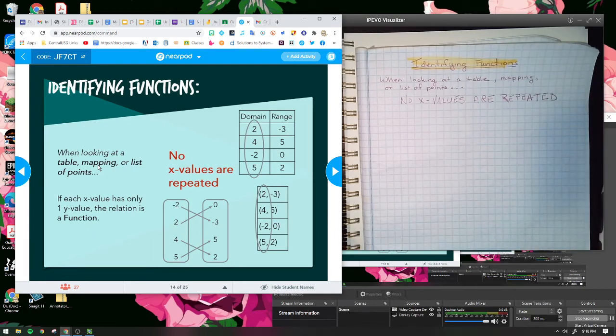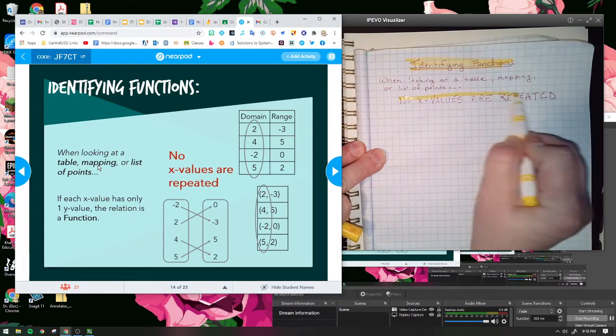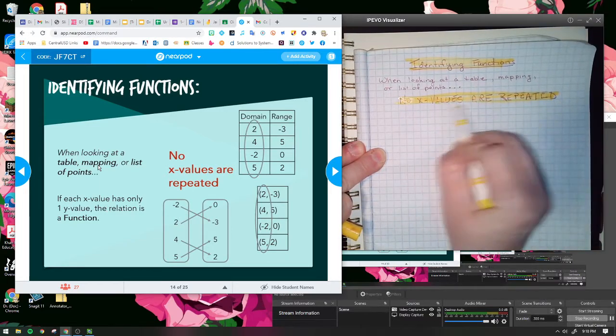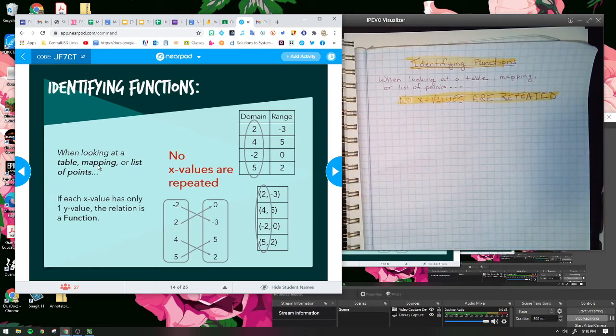I want you to highlight that as well, because I don't want you to forget it. That is the part that confused me when I was taking notes in high school, so I'm trying to help you not make the same mistakes I made.